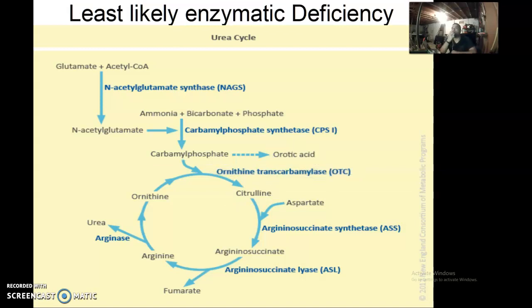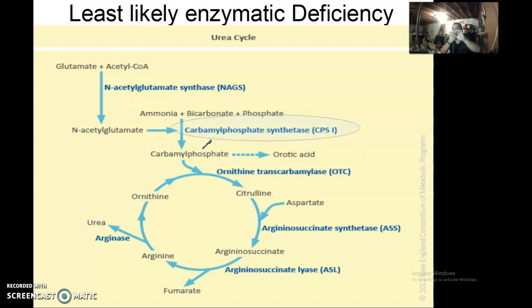The next question being, what's our least likely enzyme deficiency? And again, we look back at we have an elevated uric acid. So obviously this has got to be created. So the carbamyl phosphate has to be being synthesized from our previous precursor.